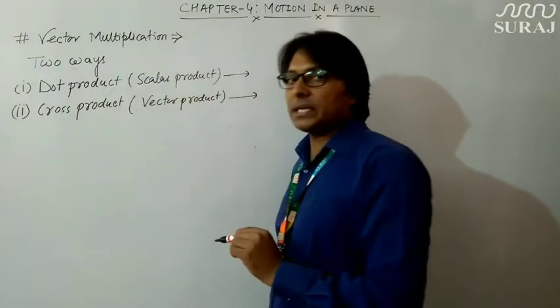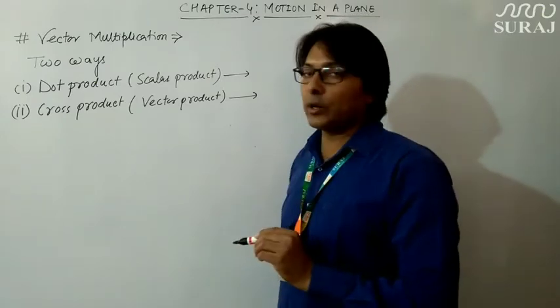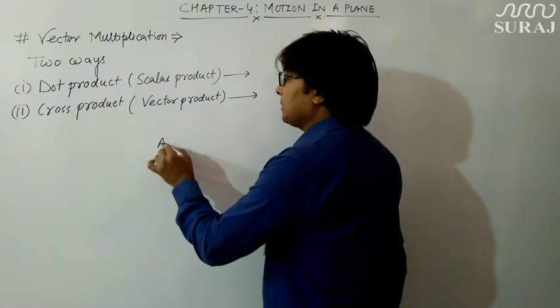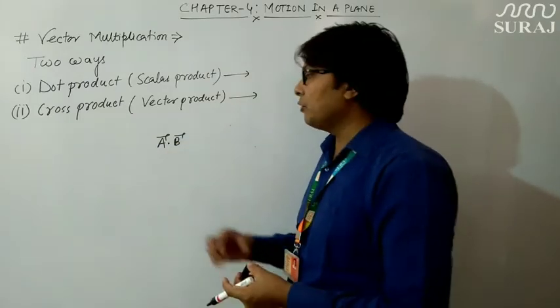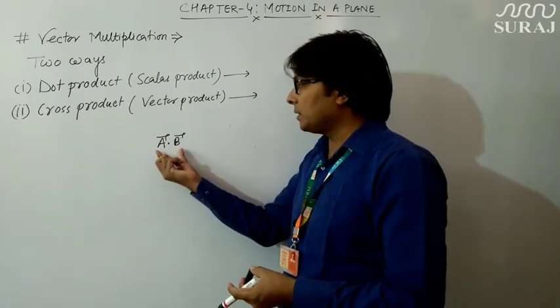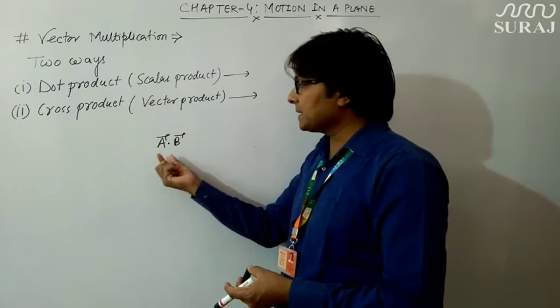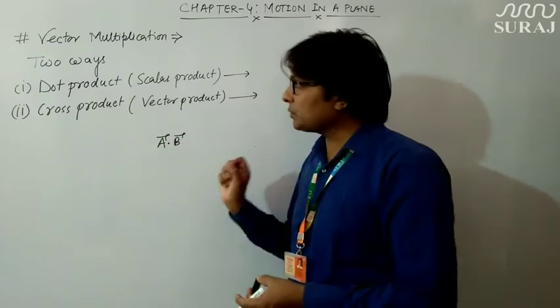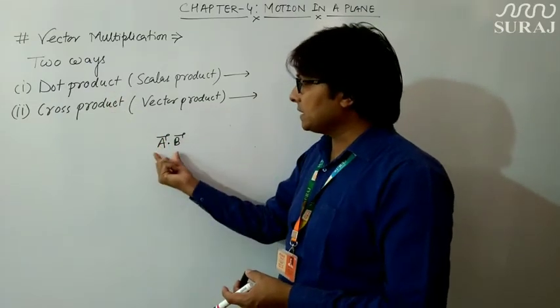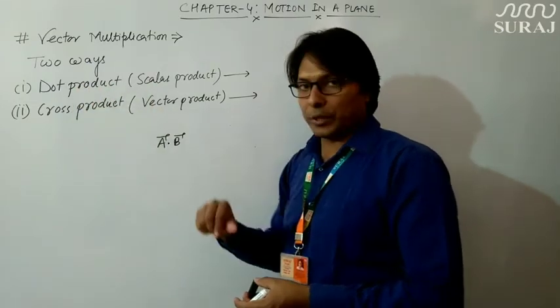Why is it called dot product? To represent it, we simply put a dot between the two vectors, and this is read as a vector dot b vector. That's why we call this product a dot product.